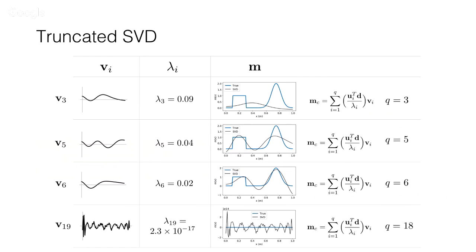Up until this position here, we're doing a pretty good job, so we're happy to take all of these vectors up to 6. But any of the others are more affected by the noise, doing more harm than good. So just truncate.